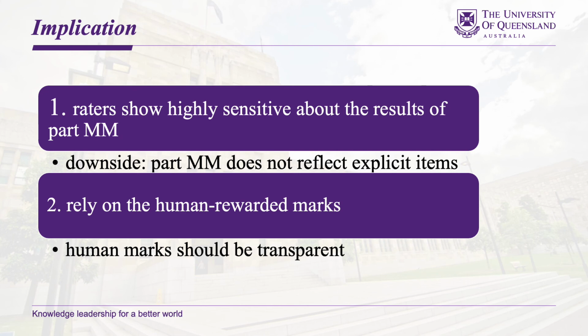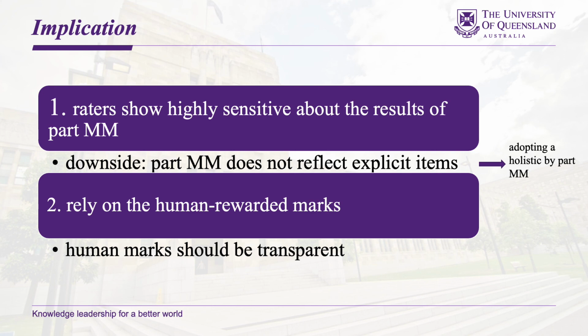One of the implications is that readers show high sensitivity to the results of the part marking model. However, the downside of the part marking model is that it does not reflect explicit items of language like fluency and grammar. Given this, one suggestion is adopting a holistic by part marking model.